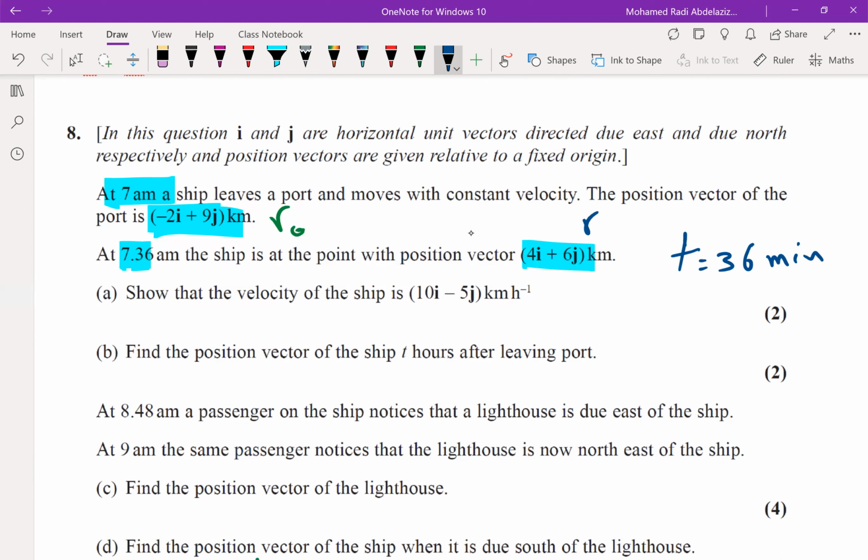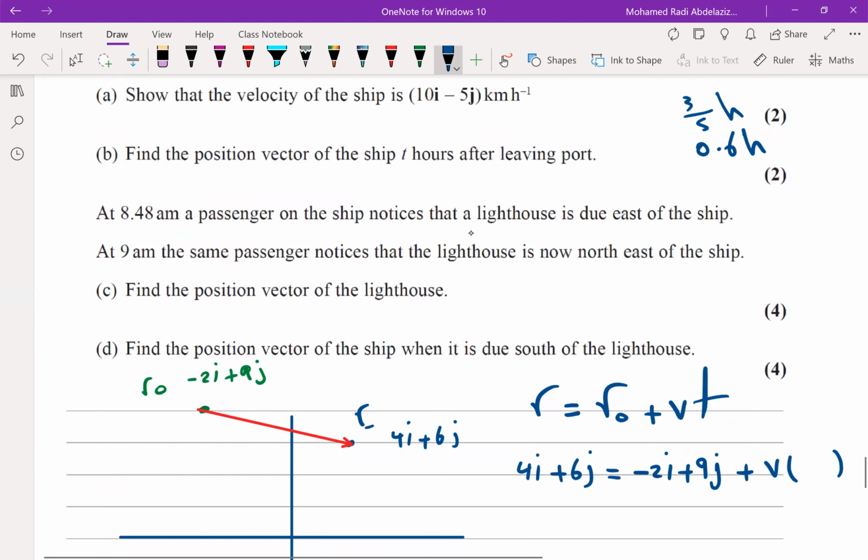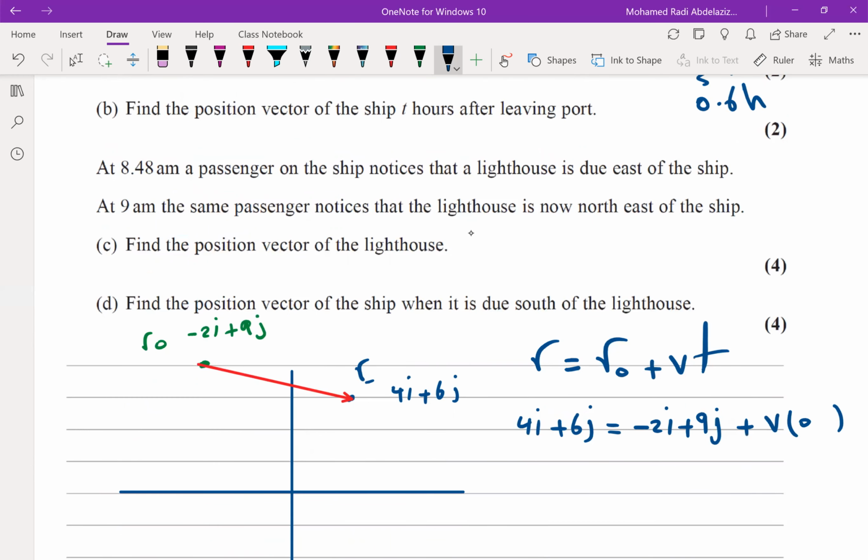To convert from minutes to hours, 36 divided by 60, simplified, you will get 3/5 hour, or you can write it as 0.6 hour. So now, with 0.6 hour, you can calculate the value of v.